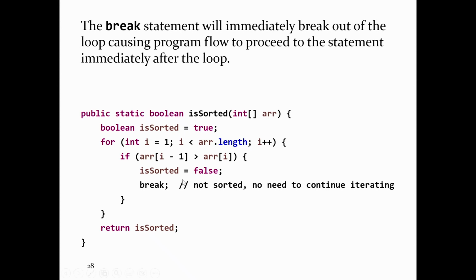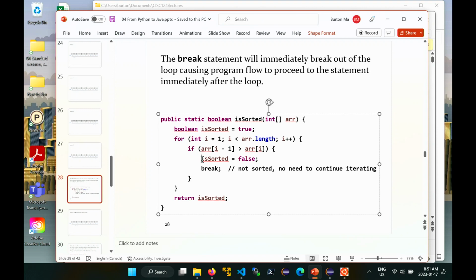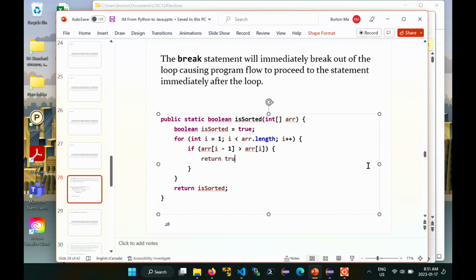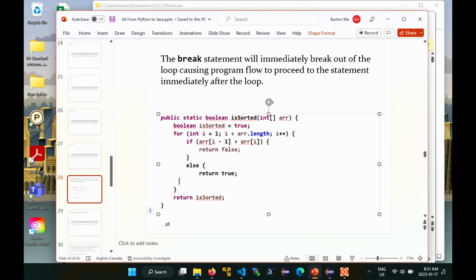The other way, if you're going to use the return statement, then you can screw this up as follows. Return true. Oh, sorry, return false. And again, you put in else, return true. Oops.